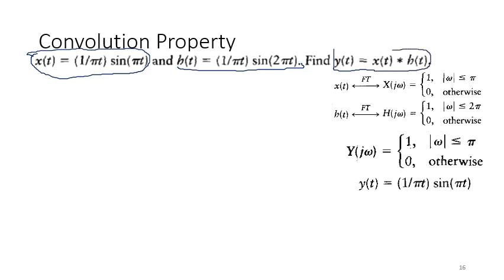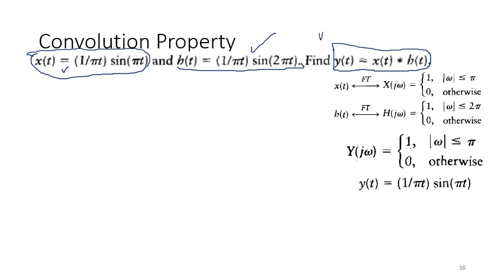The two signals, the response and the input, are quite difficult, so in the time domain the output equals the convolution of the two, which is very difficult. So let's exploit the Fourier transform, find the frequency domain signals for x of t and h of t, multiply them, and then use the inverse Fourier transform to find y of t.